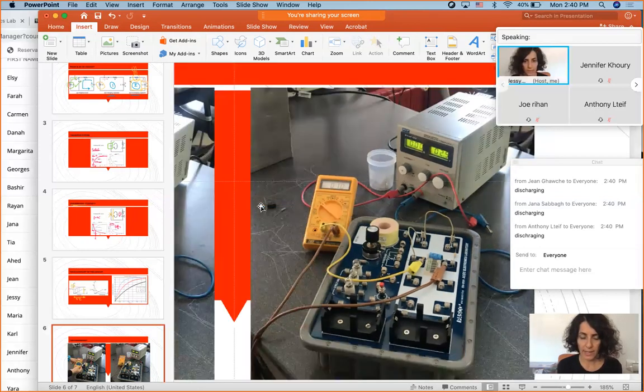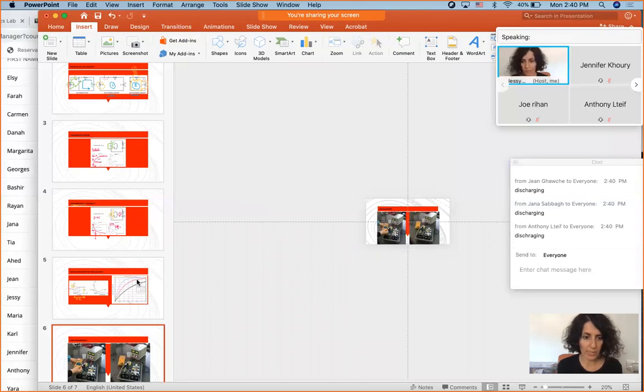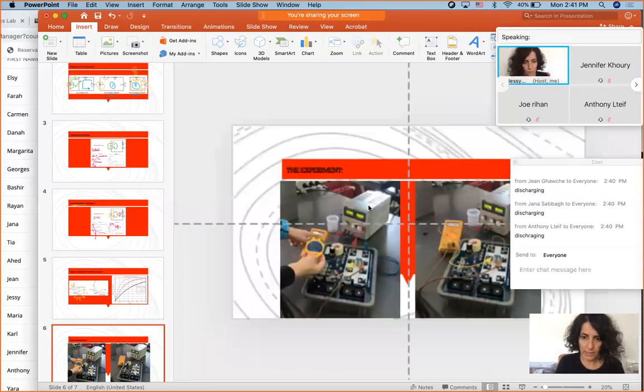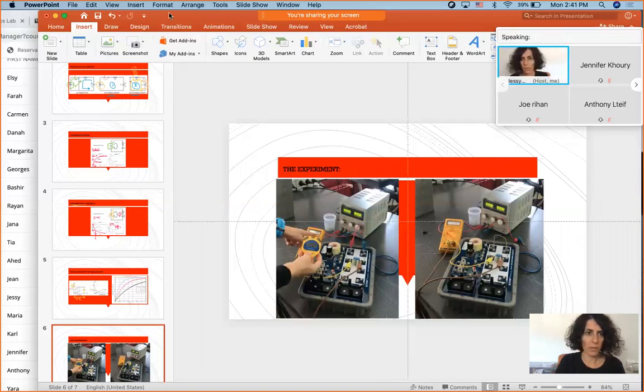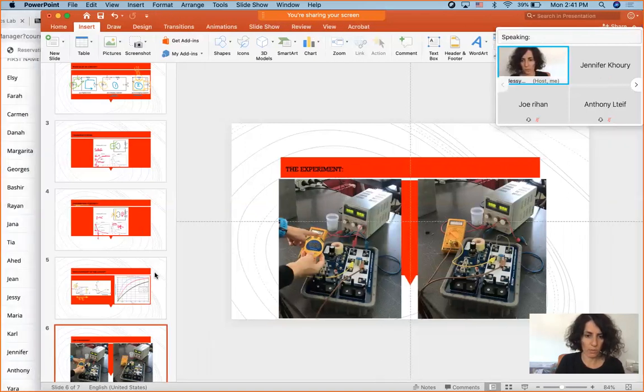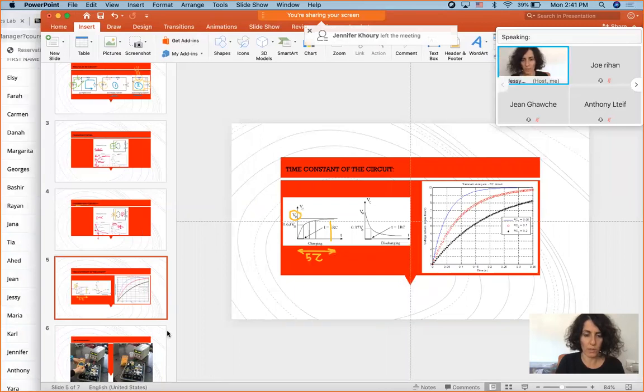Okay, I really would love to write something on this slide. Let me see if I can move to another slide. This app is not great. I don't know if I can update it. I cannot move to a new slide. Come on. I cannot even use the cursor. Okay, I can move now.